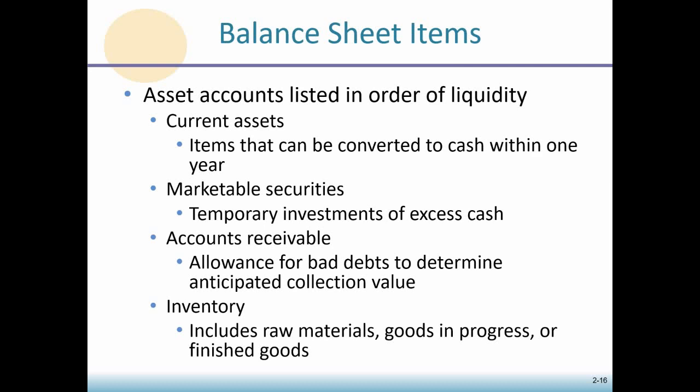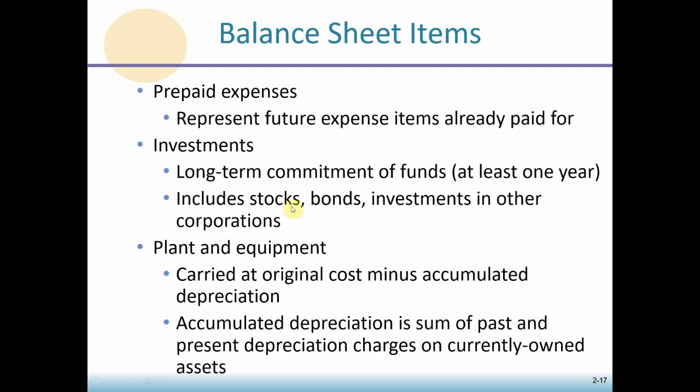Accounts receivable, those are things where you've sold something, but somebody's going to pay you probably within 30 or 60 days. And inventory are those things that you're going to make or buy or have bought and that are going to be converted to cash, hopefully in relatively short order. Prepaid expenses, okay, can be that way too, as a current asset.